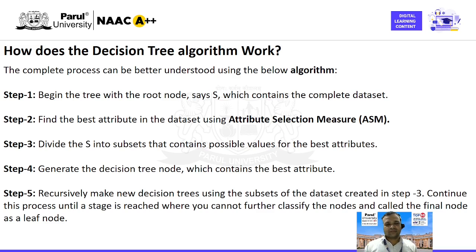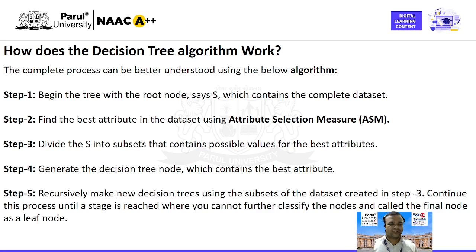Here is the algorithm. There are some steps we can follow when we have to use the decision tree model. First step is to begin the tree with the root node, say S, which contains the complete data set.